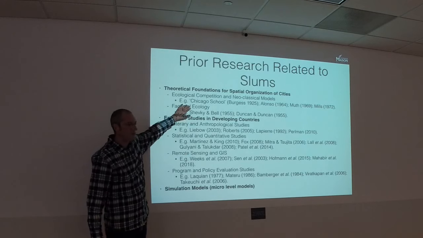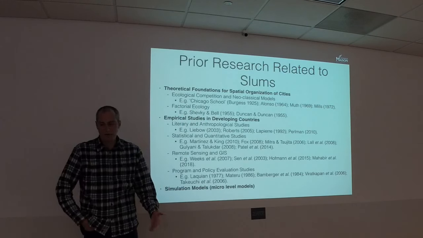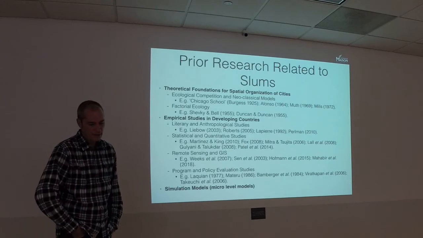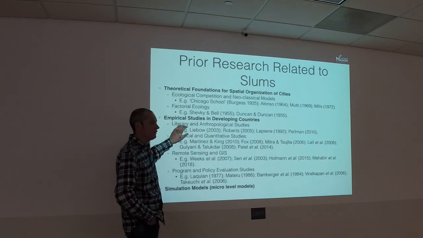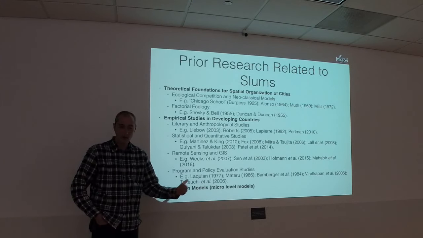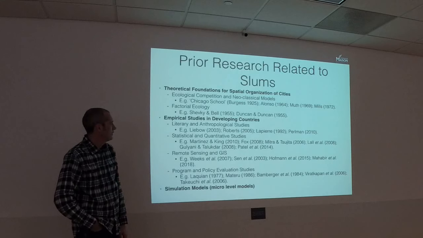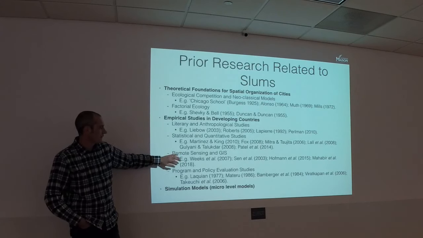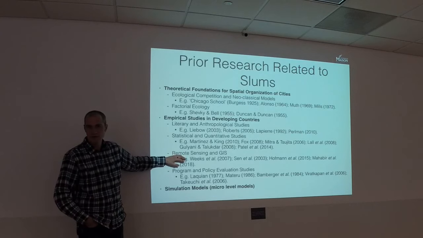Some are more economic-based, such as affordability of house prices. Others are literature reviews, people actually living with slum communities for years. But what I want to focus on today is GIS and remote sensing.